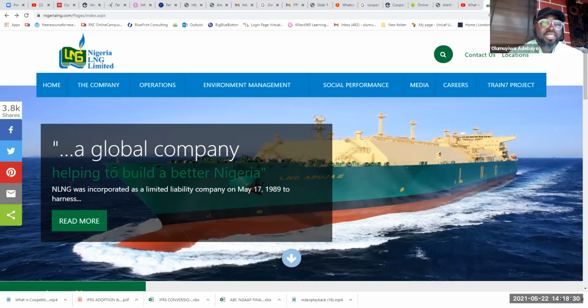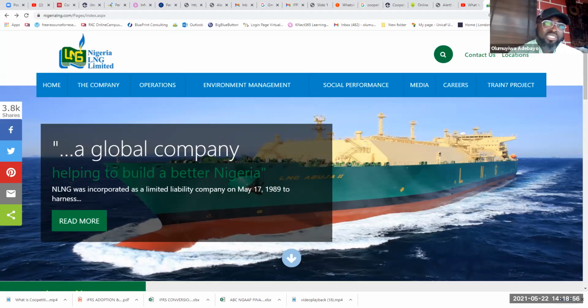And NNPC is Nigeria. And it's a joint arrangement that created the vehicle known as NLNG. And NLNG is the most profound joint venture in Nigeria. And therefore, NLNG is a typical and classical example of a joint venture.